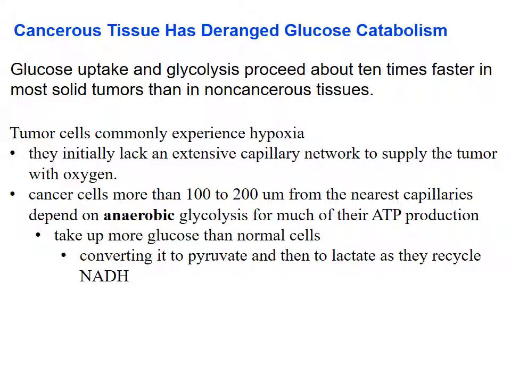So tumors have a hallmark of being both hypoxic and very acidic. Hypoxic environment and what's called acidosis are very common features of a tumor's growth.